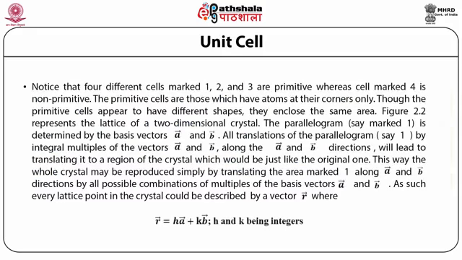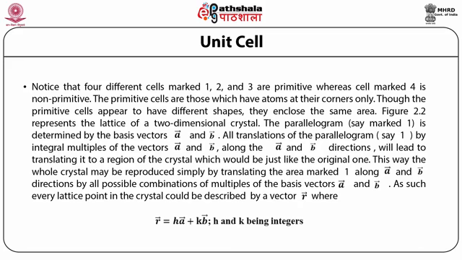Notice that the cells marked 1, 2, and 3 are primitive, whereas the cell marked 4 is non-primitive. The primitive cells are those which have atoms at their corners only. Though the primitive cells appear to have different shapes, they enclose the same area.